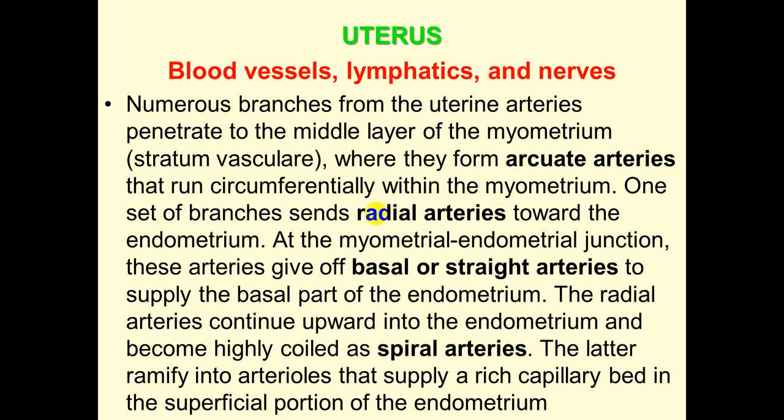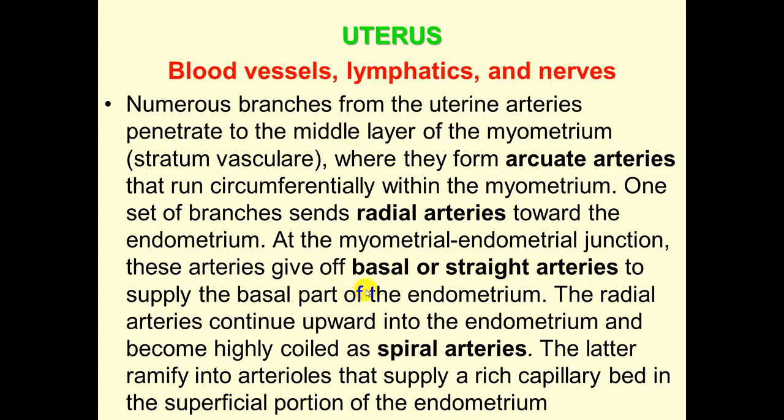One of them we call radial arteries, and these arteries go to the endometrium. In the region of the myometrial endometrial junction, these arteries give off basal or straight arteries, and they supply the basal part of the endometrium.